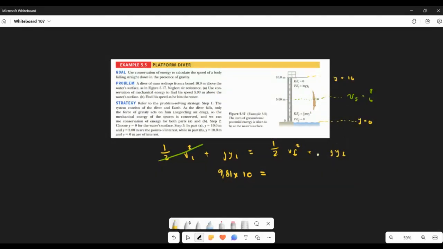where are we now? Over here, right? So we need to find his velocity over here. Does he possess kinetic energy and does he possess potential energy at this point here at 5 meters?